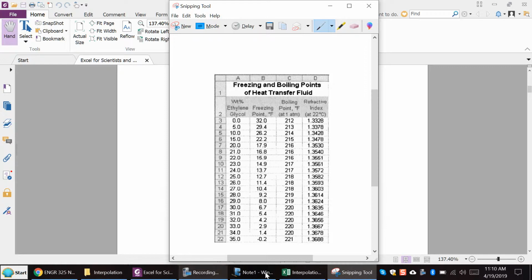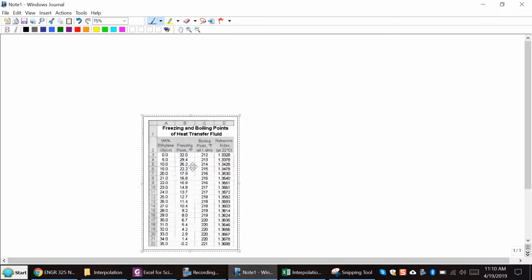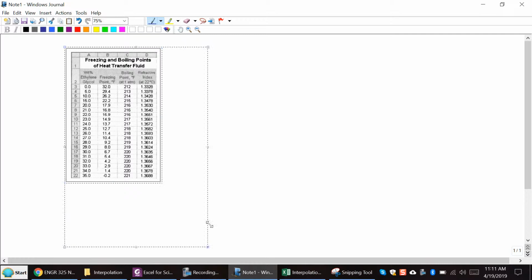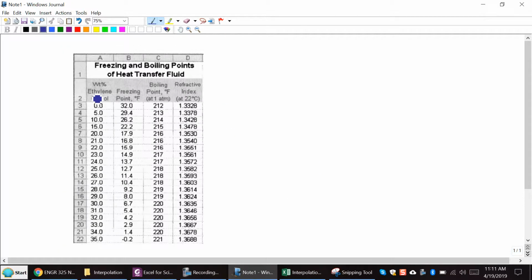So you kind of get it, and then we look at the details of how to do it. Let's suppose that you have, let me get my pen, say our response variable right here. And I have this table that shows, based on these independent variables, ethylene glycol, freezing point, boiling point, whatever.